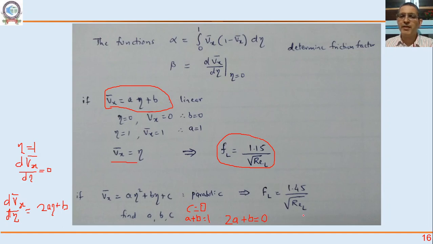Which means a is minus 1, and b is, sorry, b is 2. So what is the velocity profile? Vx bar is equal to 2 eta minus eta square. That's the velocity profile.